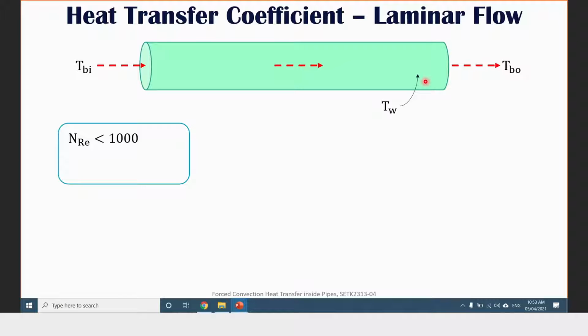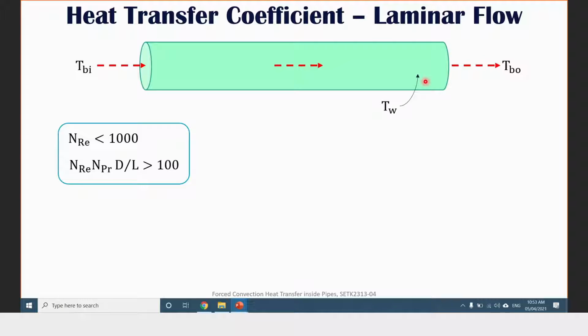For laminar flow, for the equations that I'm about to tell you, for fluid flowing inside a tube, the Reynolds number must be less than 1000. And the Reynolds number times the Prandtl number times the diameter of the pipe divided by the length of the pipe must be more than 100.